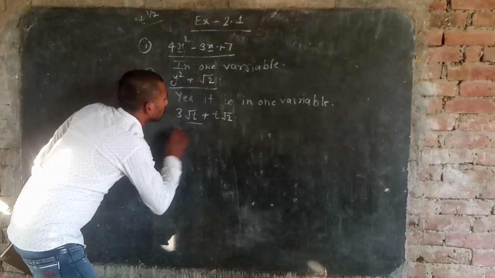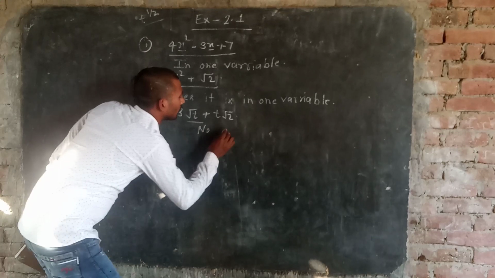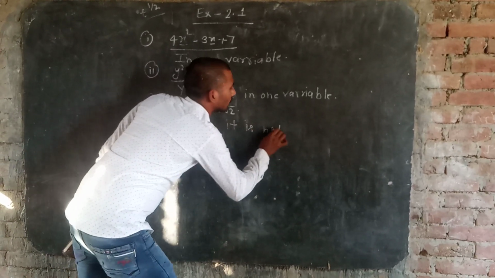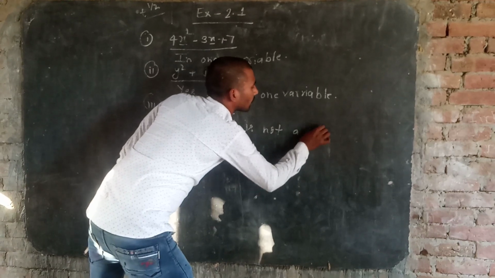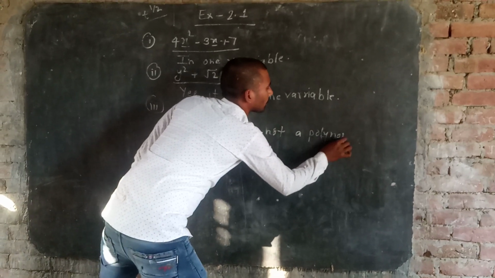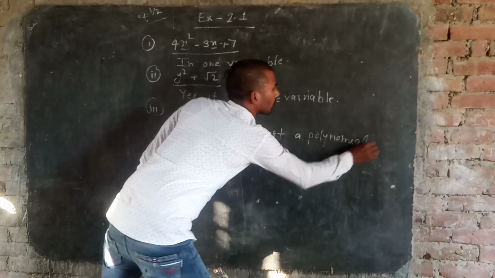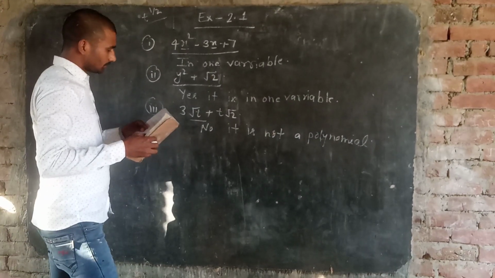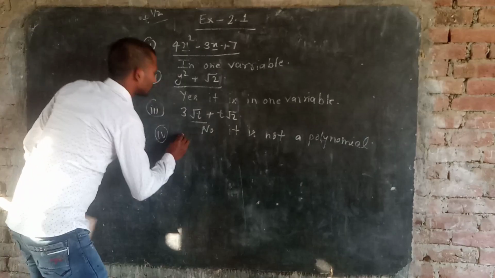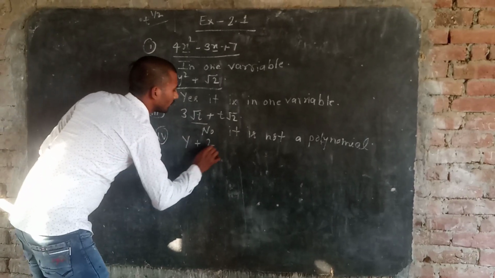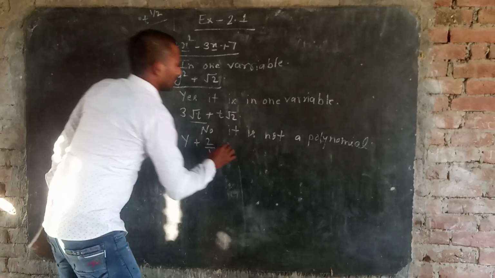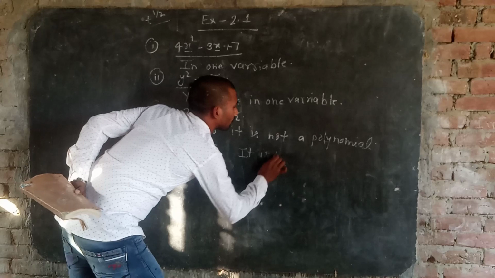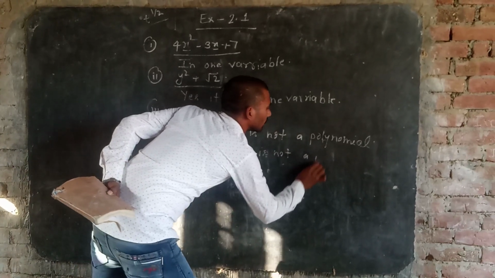Yes, it is not a polynomial. Question number 4, y plus 2 upon y, it is not a polynomial.